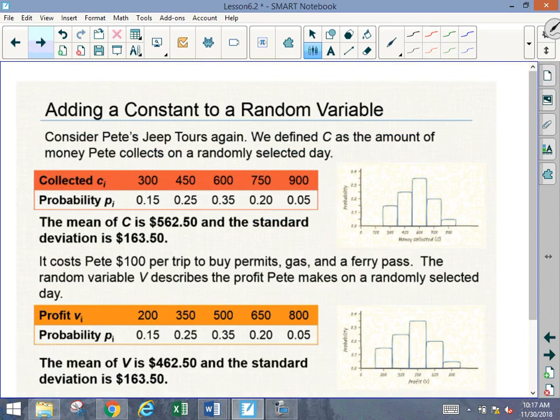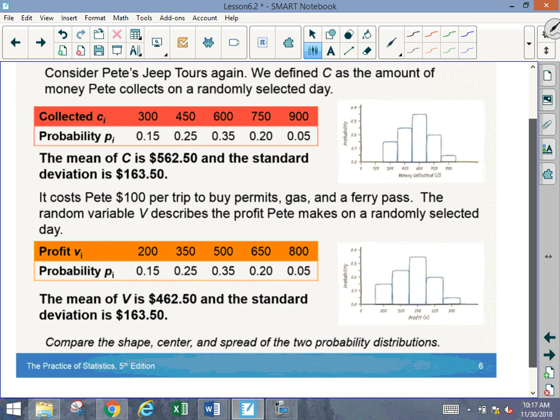Alright, so if we add a constant, what do you think is going to happen to your mean? Yeah, it's going to be shifted by whatever that constant is. What do you think happens to your standard deviation? And so that's what we see if we consider Pete's cheap tours once again.